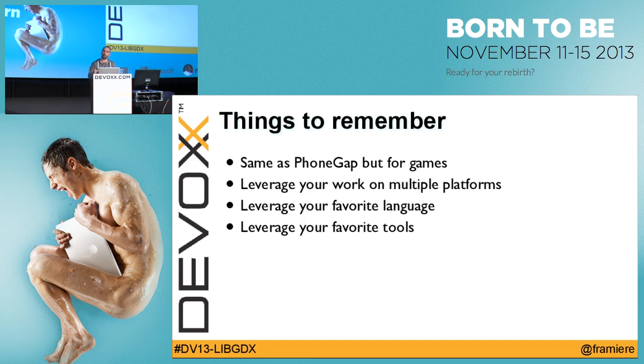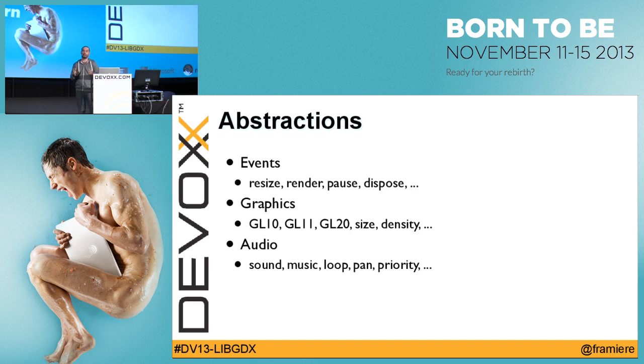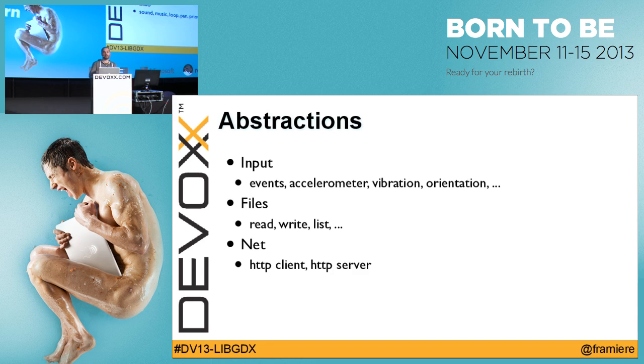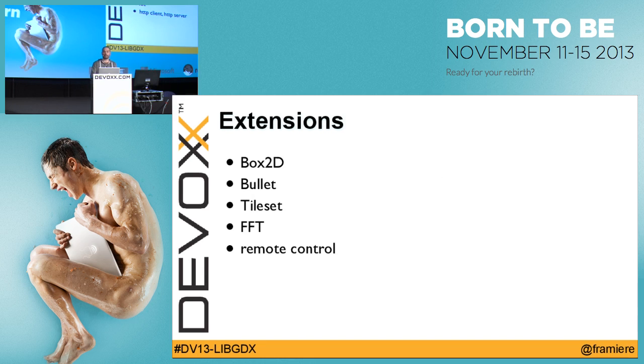So you have to understand libgdx like PhoneGap. PhoneGap is many launchers for many hosts. libgdx needs to provide you abstractions so you can rely upon them to make your games. So the events, the graphics, the audio, the inputs, the files, and the net elements are through its API. There are many extensions, like C++ extensions, so it's very fast.